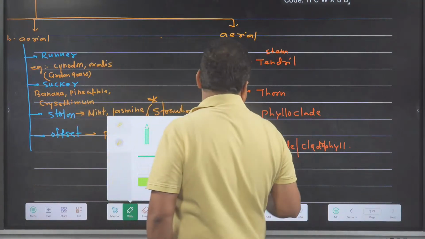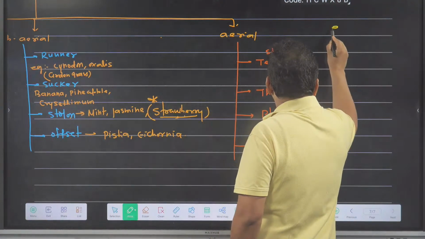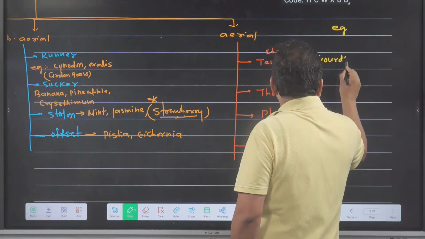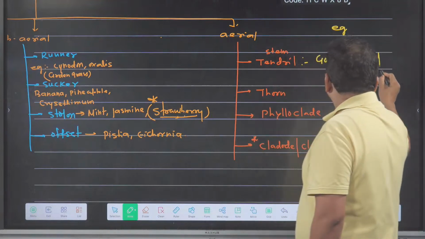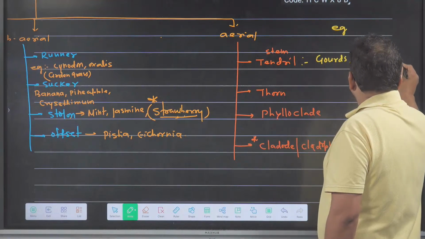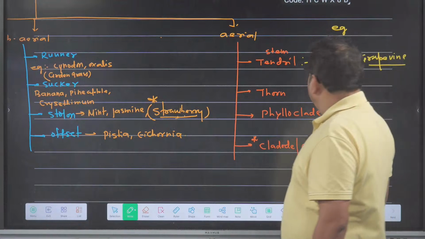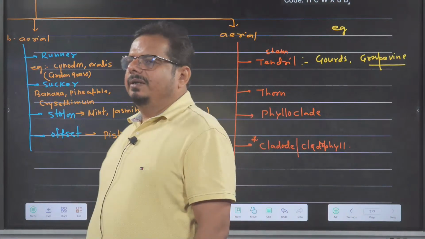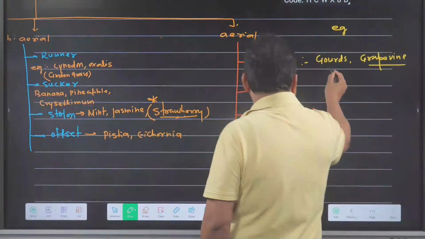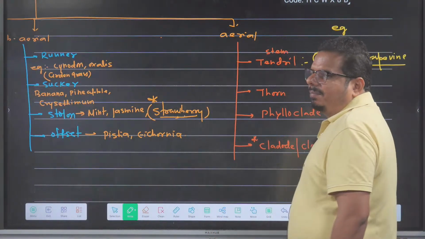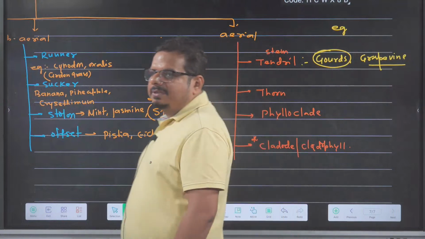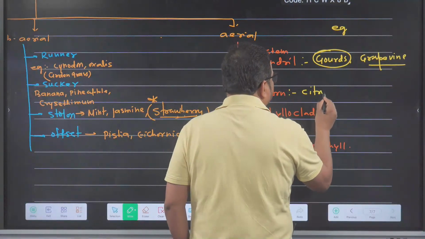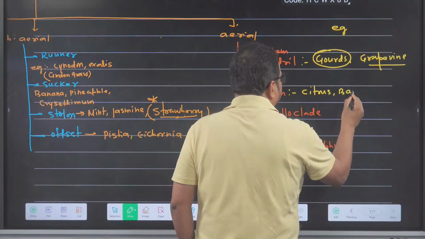Right? So if we talk about an example of tendril, I am writing here examples of stem tendril. NCERT wrote which ones? Gourd and grapevine. And in examples of gourd, they have written pumpkin, cucumber and watermelon. Gourds are basically members of family Cucurbitaceae. Pumpkin, watermelon, cucumbers come under this category. In thorn, it is citrus and bougainvillea.